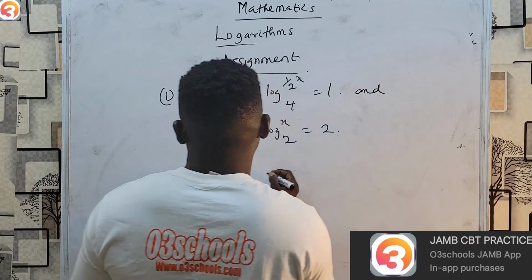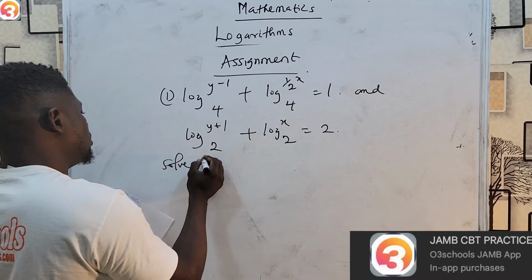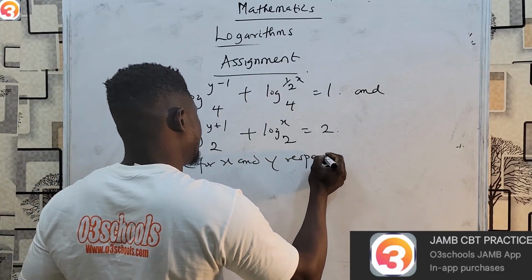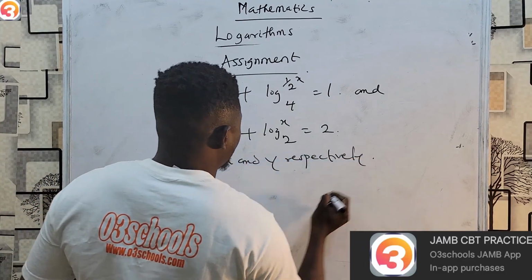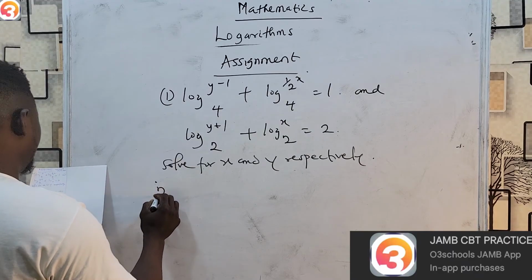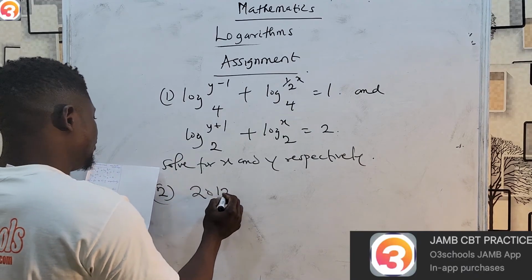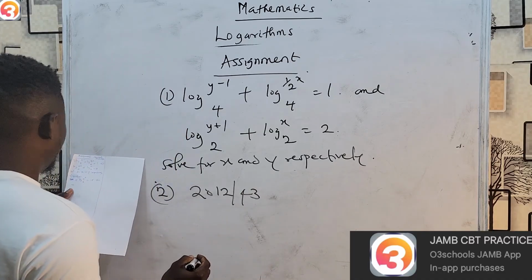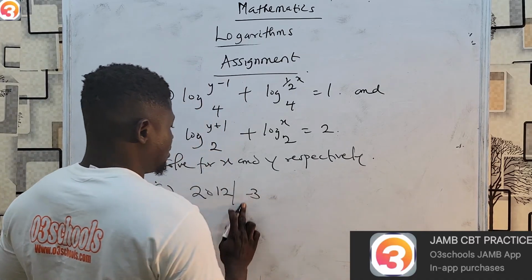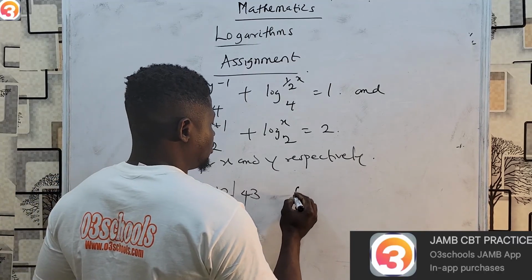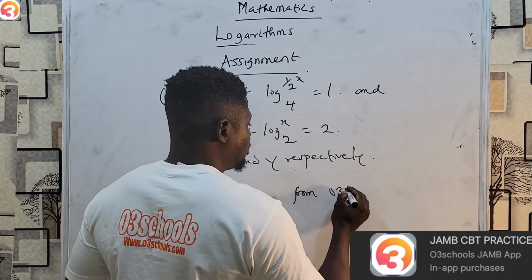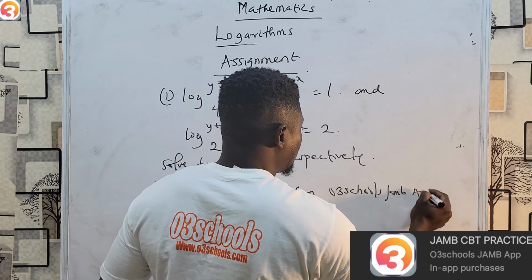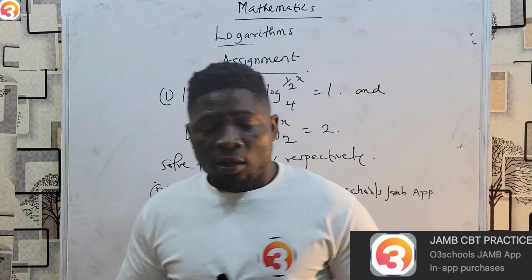Solve for x and y respectively. The number is 2012 number 43 from the O3 Schools JAMB app.